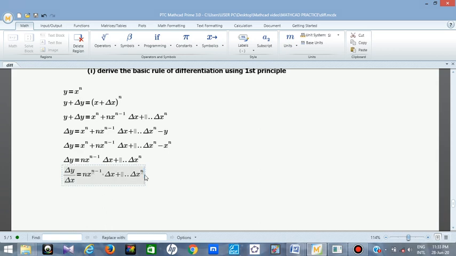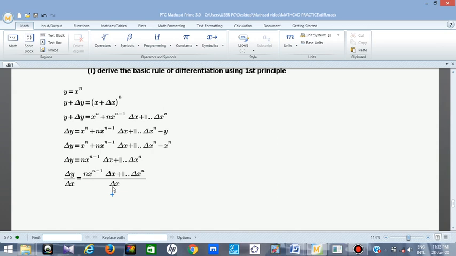So this is going to be, let me arrange this place very well. This place is going to be delta x. So when you divide both sides by delta x, you are going to get this, and this will lead us to the next step now.